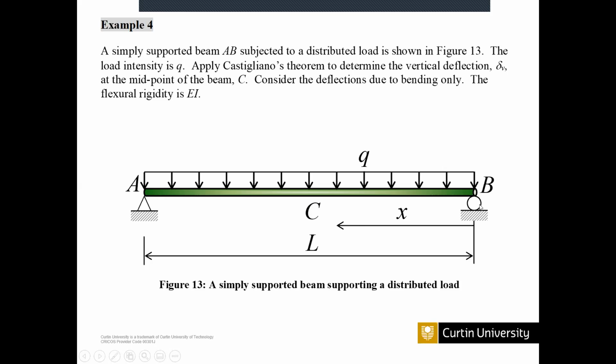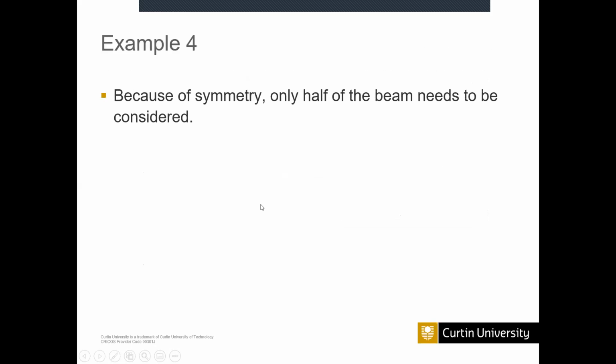In this beam, it is homogeneous and symmetric around this center point, the midpoint. So this side and this side are the same. You can consider half of this beam to do the calculations and multiply by 2 for the whole section. That's because of symmetry, only half of the beam needs to be considered.